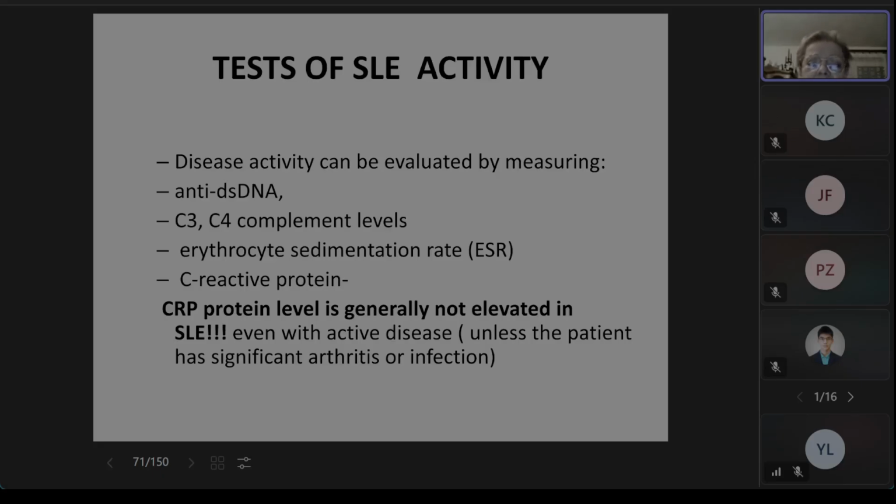And it is a prognostic factor. So first of all, we can observe the decrease in C3 level, and then we can observe some clinical changes typical for the relapse of SLE.